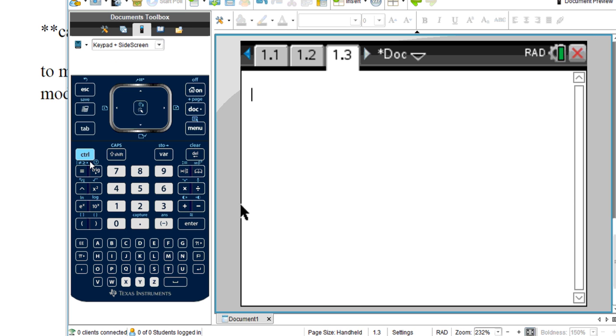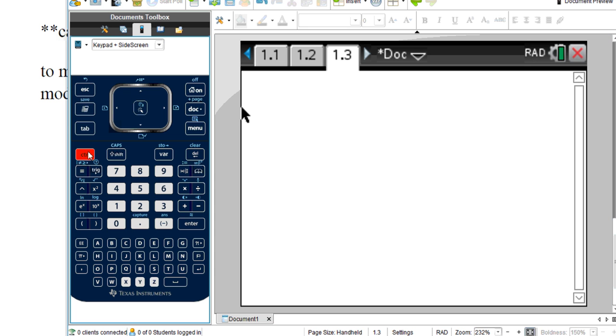So what we have is, make sure that we are in radians. This is a trigonometric function we're integrating. So we're going to have 1/40th times the integral. Use the hotkey shift plus sign.